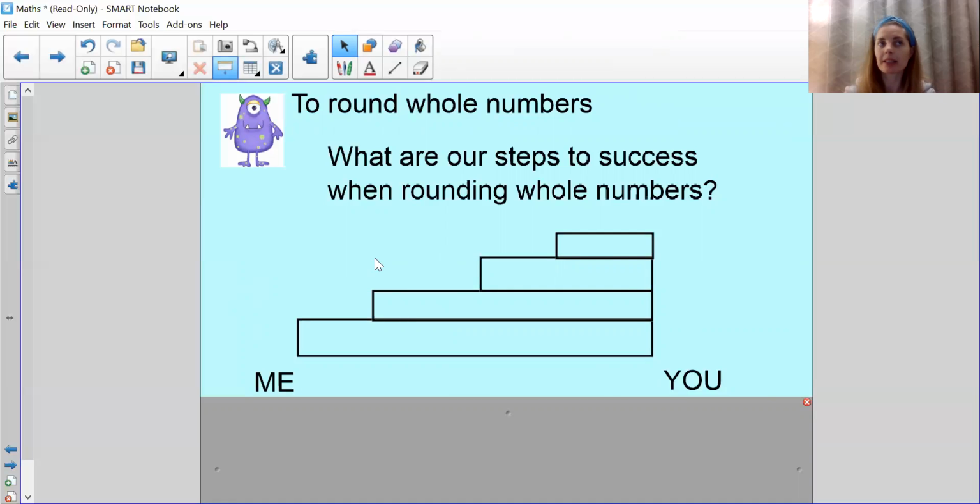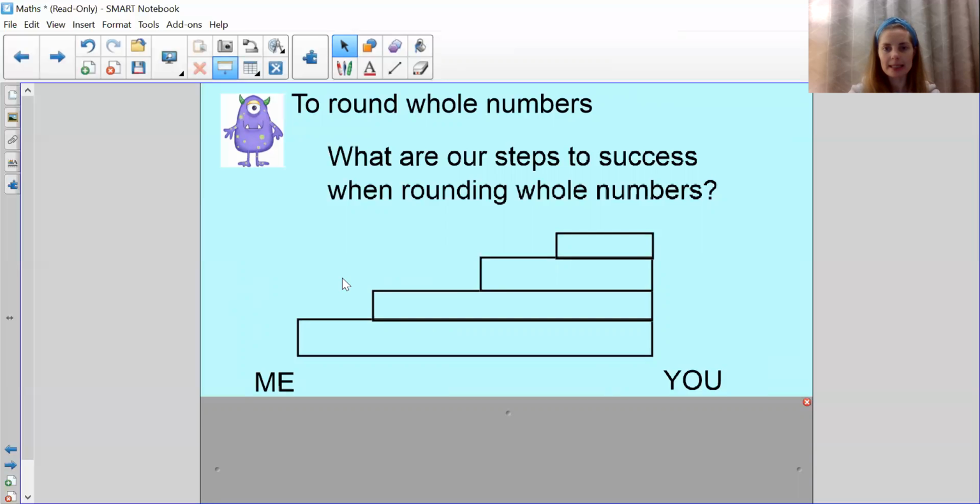So you can either talk it out loud, you can go and talk to your younger sibling if your sibling's at home, you can talk to your parents, you can talk to the wall, or write it on a piece of paper. Being a mini teacher, how would you explain to someone the steps that they would need to follow in order to be successful in answering a rounding question? So you can pause the video now and have a go.